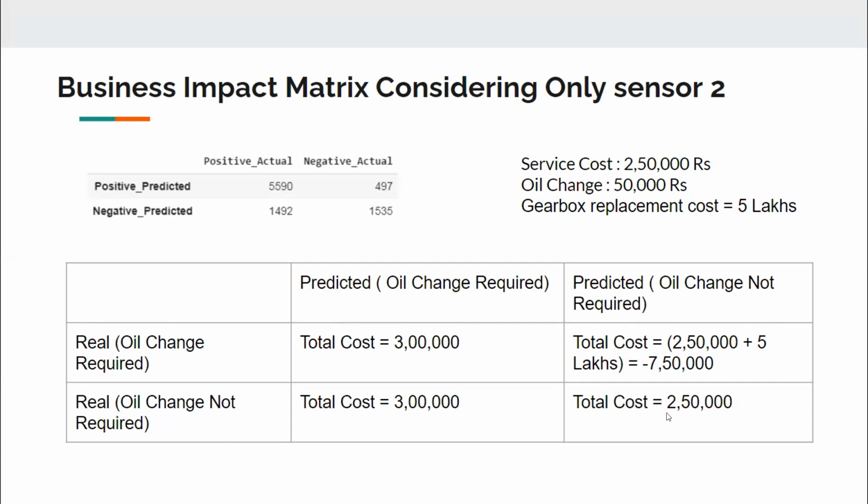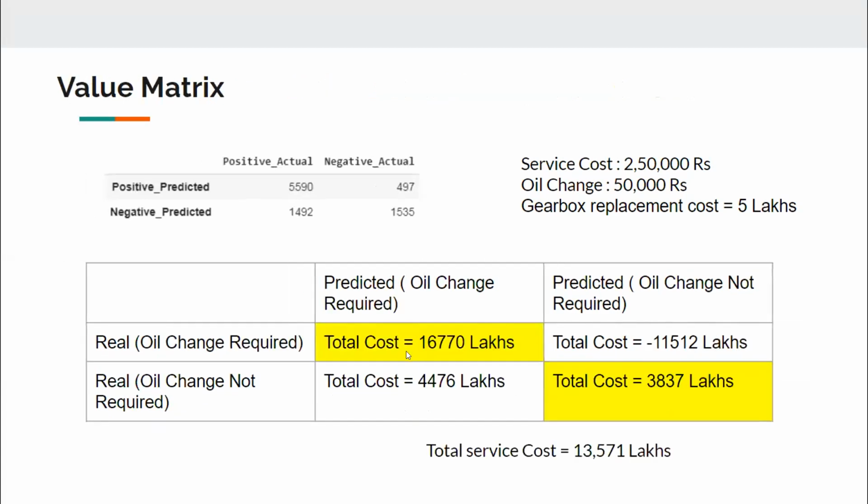So just multiplying the confusion matrix and the business impact matrix, I have got the total service cost of around 13,571 lakhs. I think now I got the exact point of what you said, sir, because I cannot proceed to the next step.